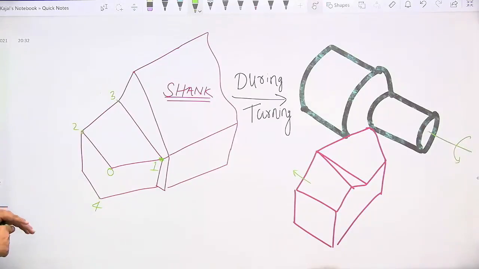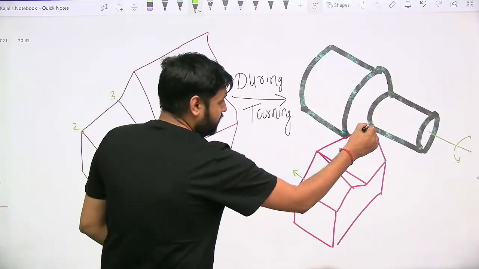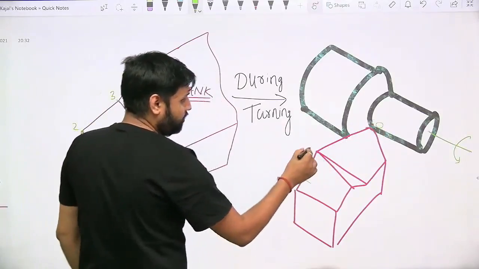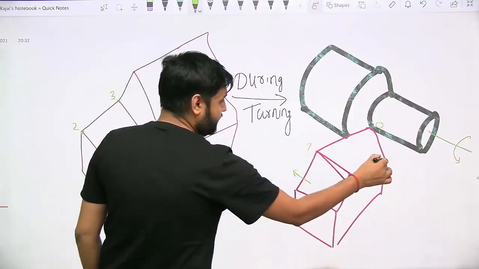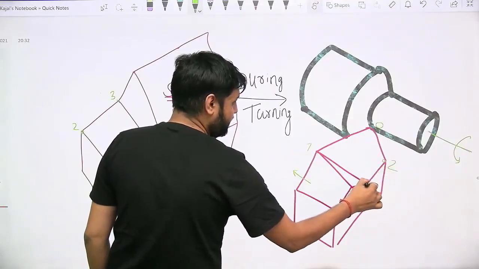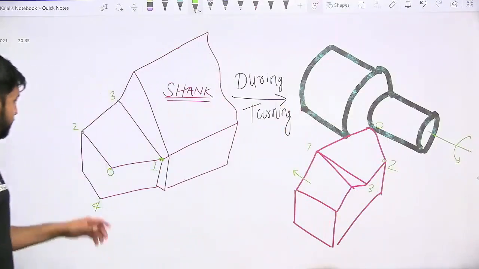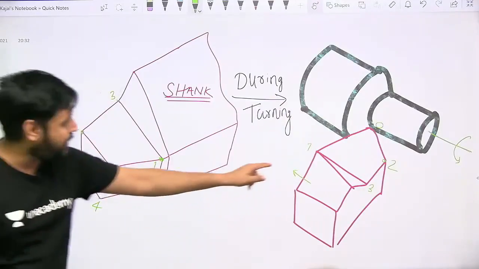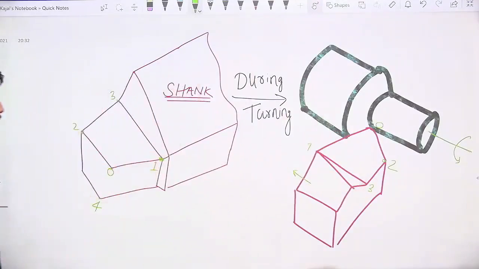Now if you observe here, this point is 0, that side this is 1, this side this is 2, this point is 3. The way 0, 1, 2, 3, same way 0, 1 and 2, 3. I hope you are understanding.